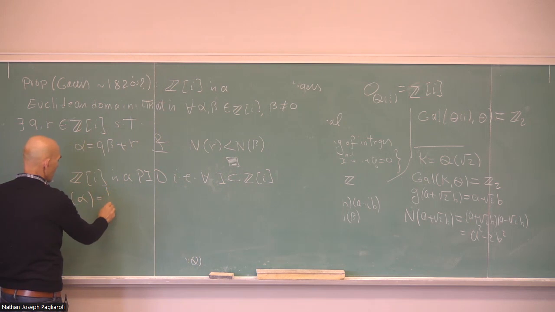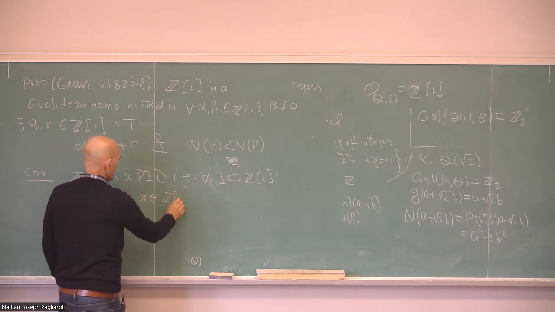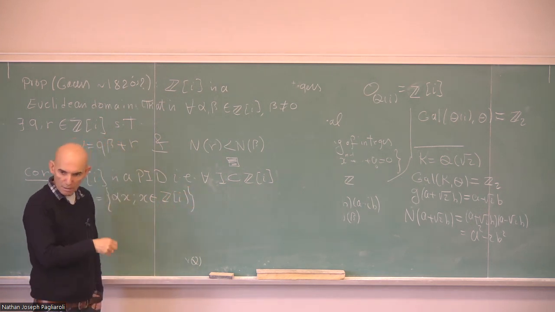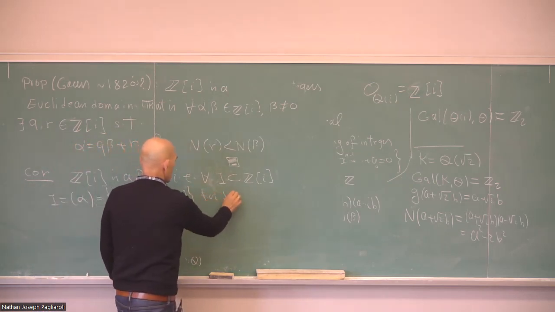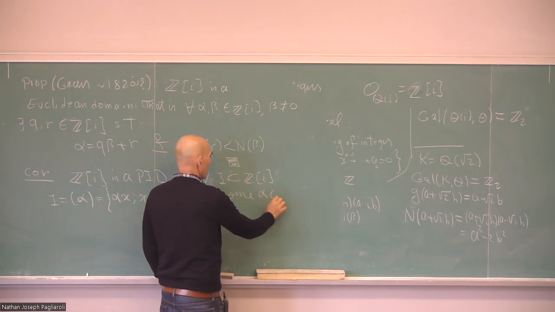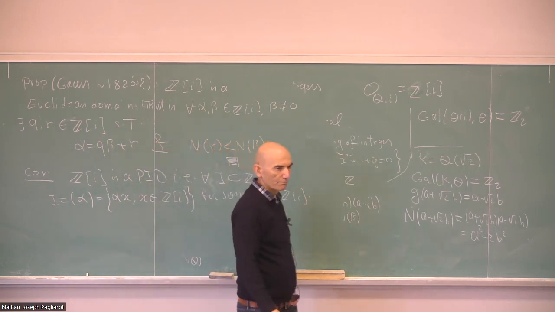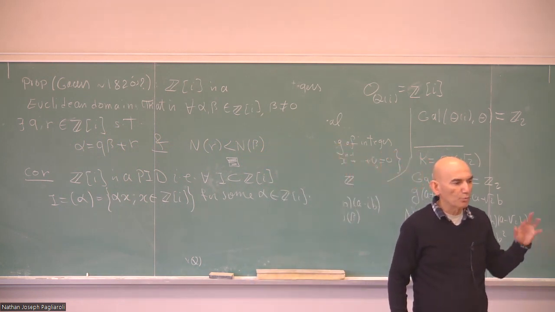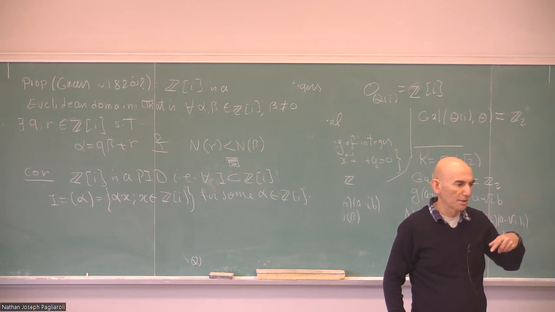So this is, by definition, the set of all alpha X, where X belongs to Z[i], for some alpha belonging to Z[i]. The proof is exactly the way you prove Z, for example, is a principal ideal domain using the Euclidean algorithm.